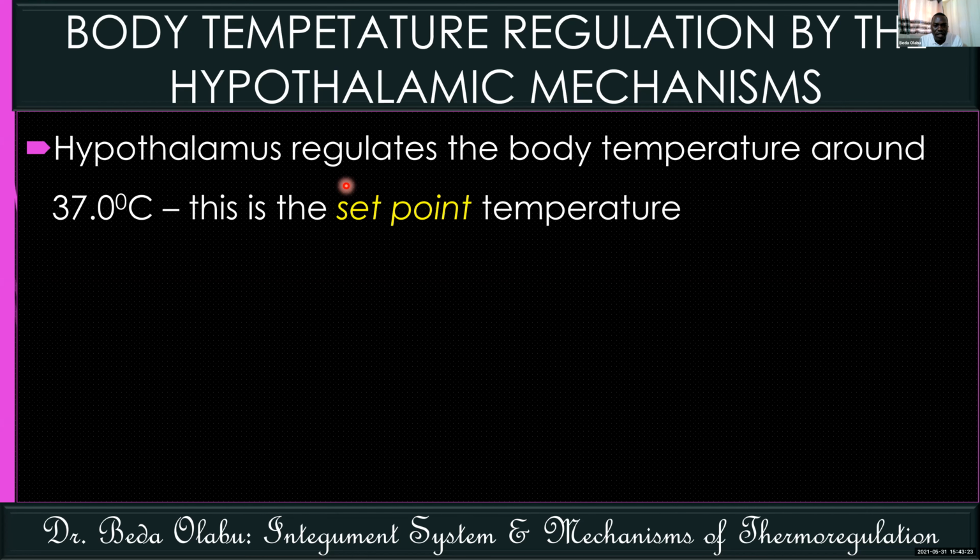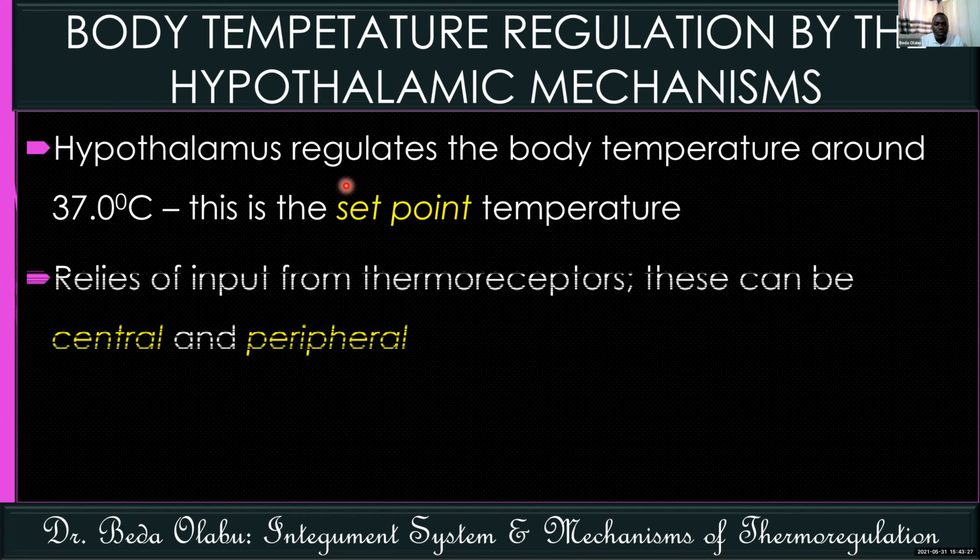So the hypothalamus regulates our body temperature around that point, which means that when the temperature is high, hypothalamus will initiate mechanisms that lower it to 37. And if the temperature is lower than 37.0, hypothalamus initiates mechanisms that raise the body temperature to 37.